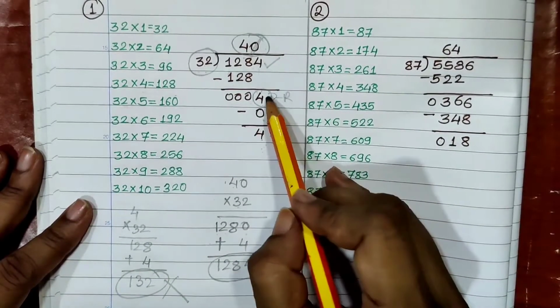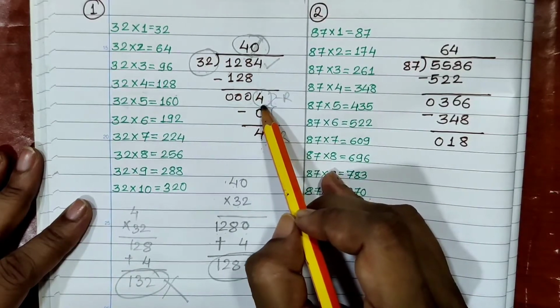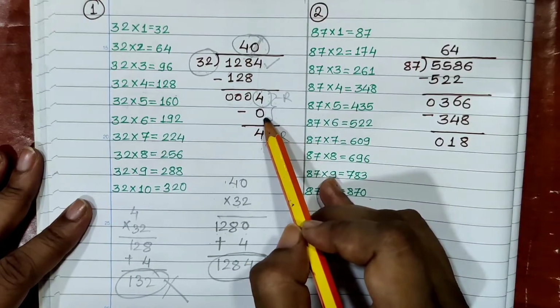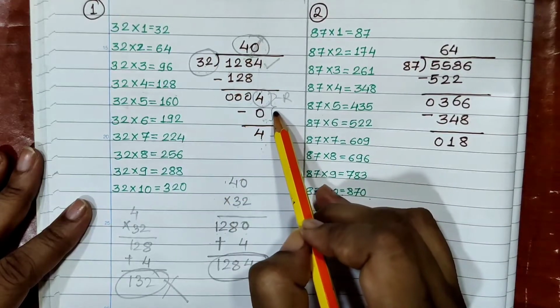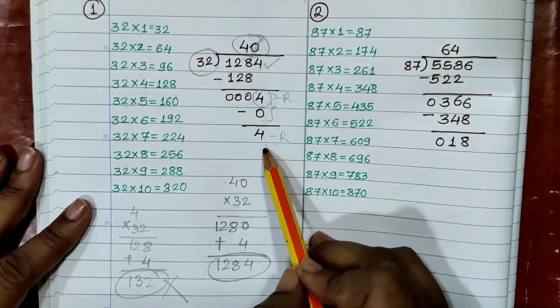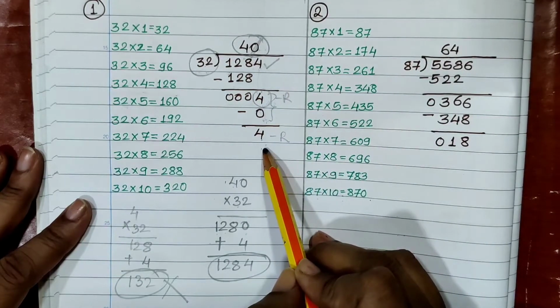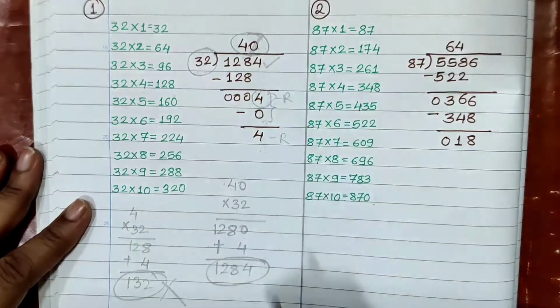So always complete the steps. When one digit is remaining, you have to put down that digit. You have to write 0 if the digit is smaller than the divisor. Write 0, complete the step, write the 0 in the quotient also, and then this will be the remainder. I hope you all are understanding. I am going to rub this out now.